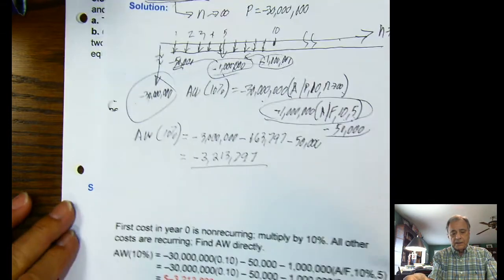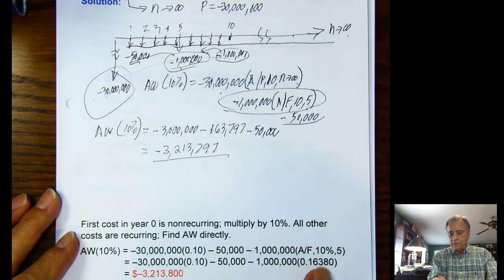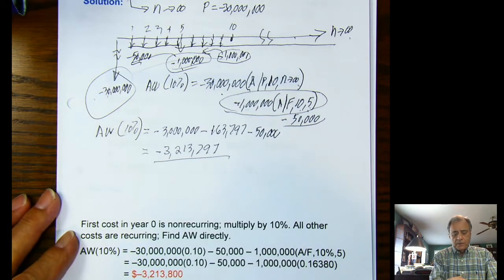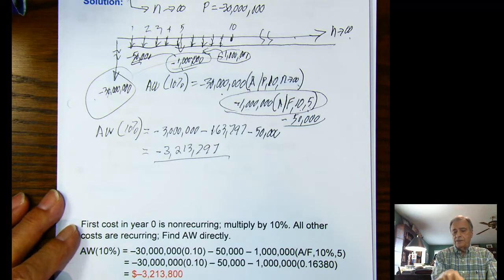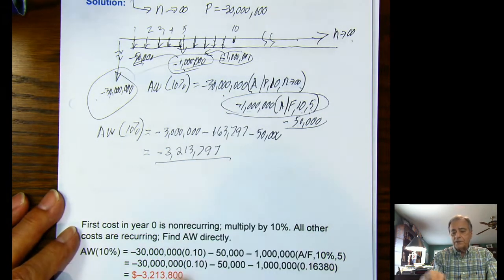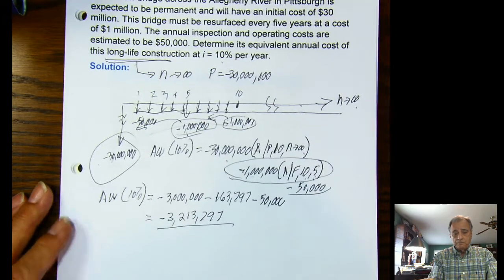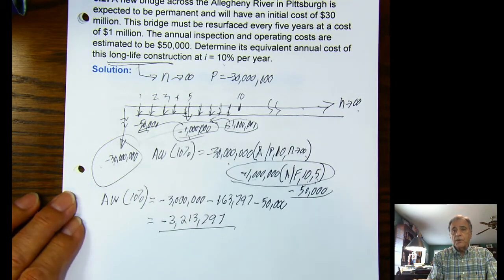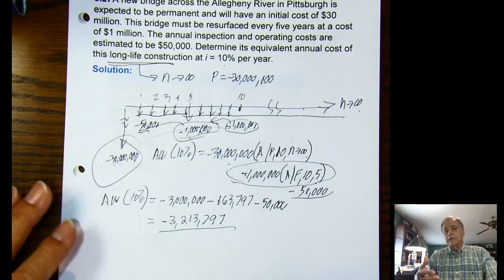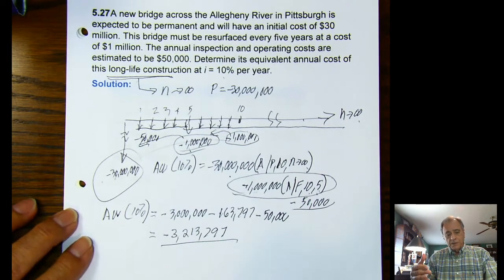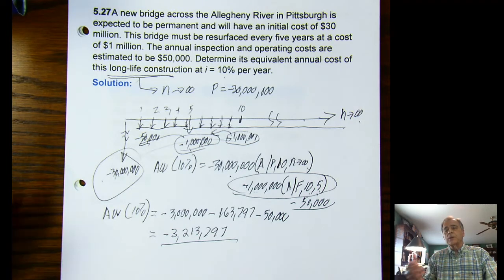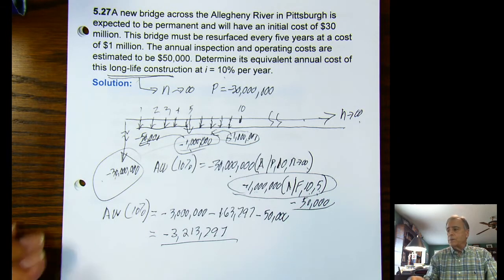The tables give you minus 3,213,800, a difference of only $3, and that's going to give you the correct answer. By the way, the author considers an answer correct if it's within plus or minus 2% of the actual value.